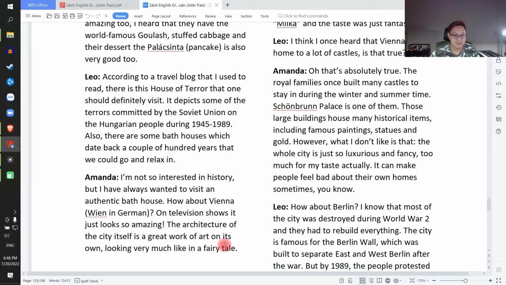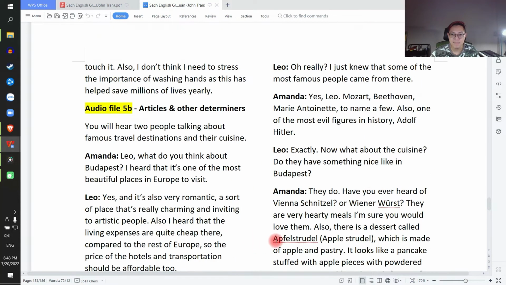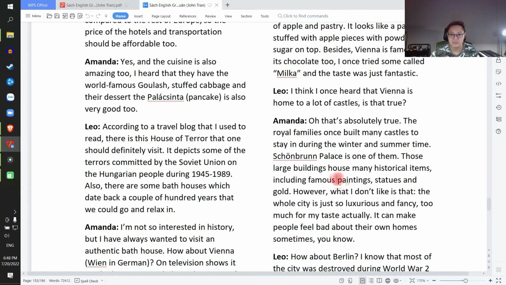So talking about castle, let's look at this one. All right, so where was that? The royal families once built many castles to stay in during the winter and summertime, but here there was no information whether these are royal families from Austria or any other royal family, right?